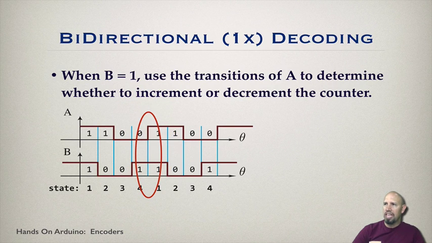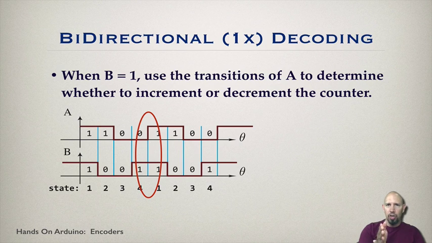So when B is 1, what's happening with A? A is either 0 or 1. So if B is 1 and A is 1, and then A changes to 0, that means we've gone backwards. If A was 0 and it changes to 1, we've gone forwards. So if I detect a transition, that means it has changed.